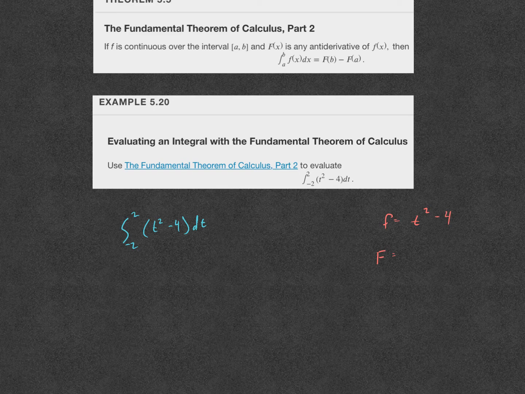The power rule says that I add 1 to the exponent, the new power rule for integrals, and divide by the new exponent, so t cubed over 3, and then minus the antiderivative of 4, which is 4 times t. The derivative of 4x is 4. The antiderivative of 4 is 4x. But in this case, our variable is t.